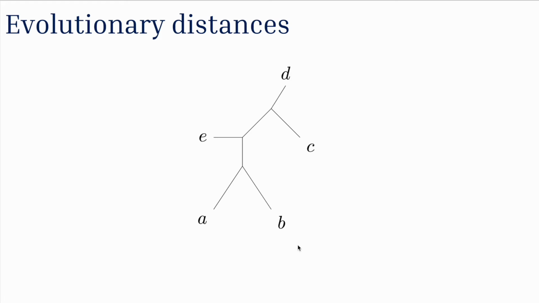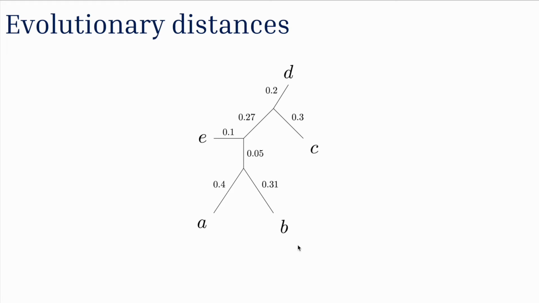Another class of methods works rather by computing distances between sequences. Indeed, one can see the branches of a phylogenetic tree as labeled with positive branch lengths, positive weights which represent the expected number of substitutions per site in a sequence evolving along the branch.